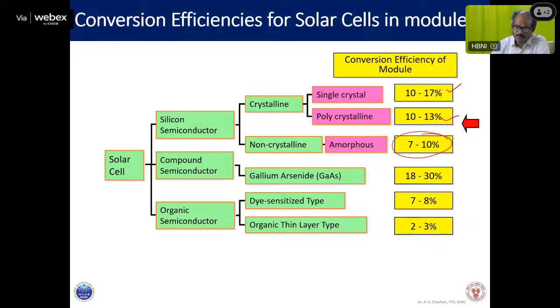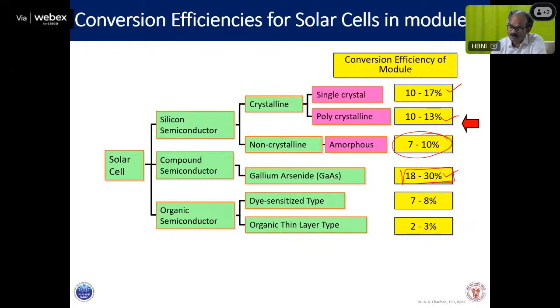Maximum 10%. Then gallium arsenide, when it is commercially available and you go and buy it in the market, is 18 to 30%. It's usually not 30, somewhere around 20%. 30% is for space quality, when you are buying at a very expensive price, one can get up to that.